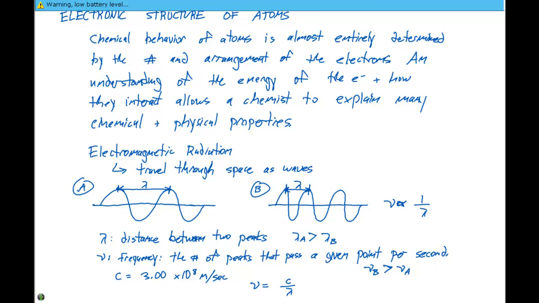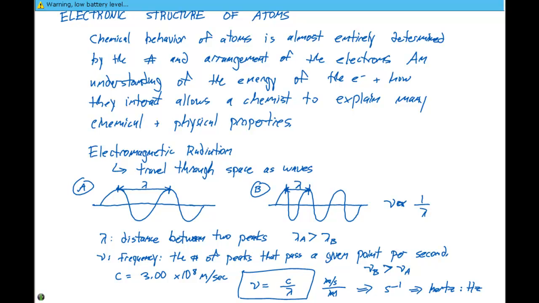If we carry out this formula and look at the units, typically the speed of light is represented in meters per second. The wavelength is a distance which can be represented in meters. Meters will cancel out here, and our units are seconds to the -1, which we will refer to as a hertz, and that is abbreviated by Hz with a capital H.